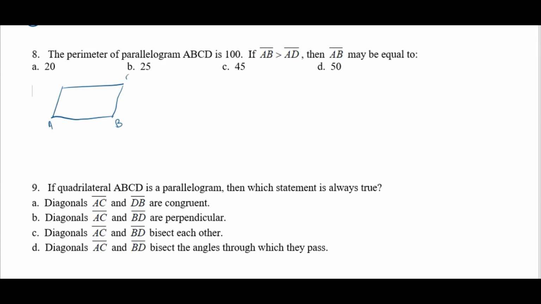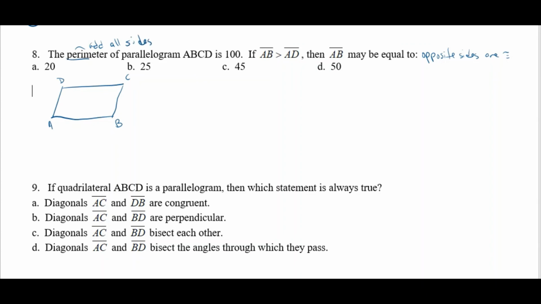So B, C, D. So it says if AB is bigger than AD, and the perimeter is 100. Now, if you remember, the property we're going to use here is that the opposite sides are congruent. That perimeter means we're going to add all the sides together.